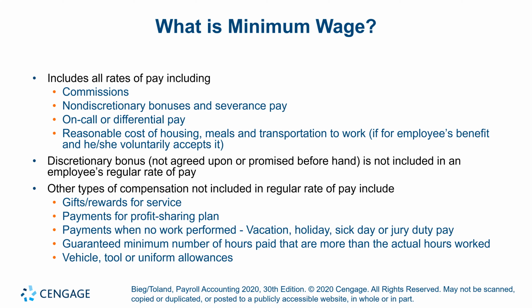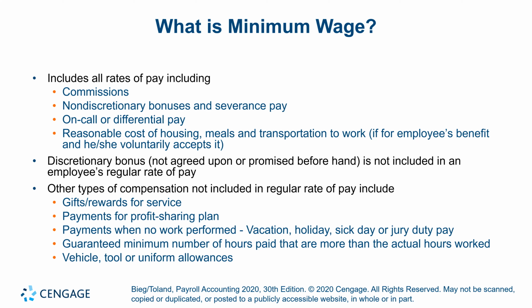On call or differential pay. And I think we did talk about this a little bit in Principles of Accounting, but differential pay, that's like, I had a job when I was young where it was from 7 p.m. till 3:30 a.m. So it was like second shift essentially. And so we got what was called a shift differential. We got paid like $1.10 more per hour than the people doing the same job on first shift, basically, right?